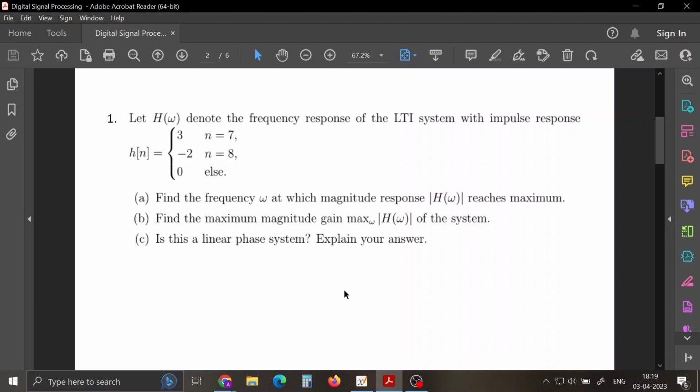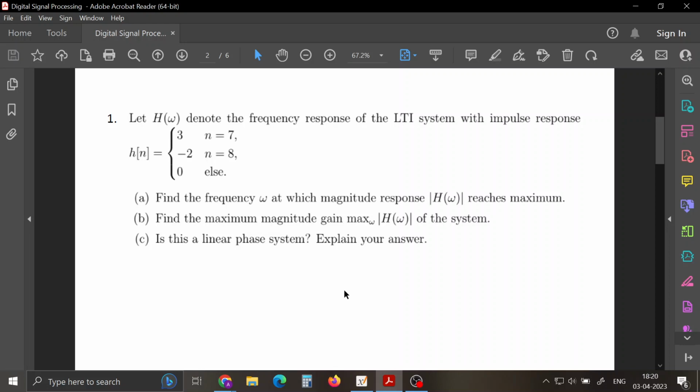In other words, it's the discrete time Fourier transform of small h of n. This LTI system has the following impulse response, small h of n, which takes the value 3 at n equals 7, is minus 2 at n equals 8, and is 0 otherwise.